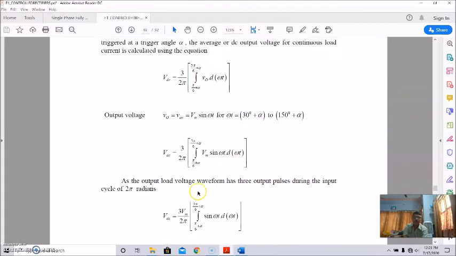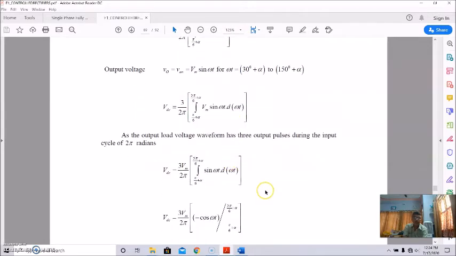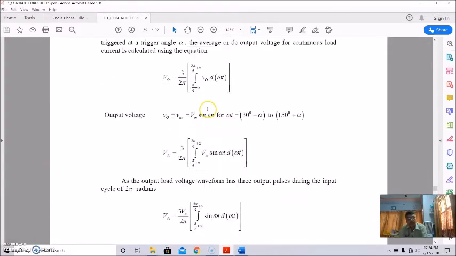So VDC equals 3 by 2 pi times the integral of Vm sin omega t d omega t between these limits. The output load voltage waveform has 3 output pulses during the input cycle of 2 pi radians, as shown here.